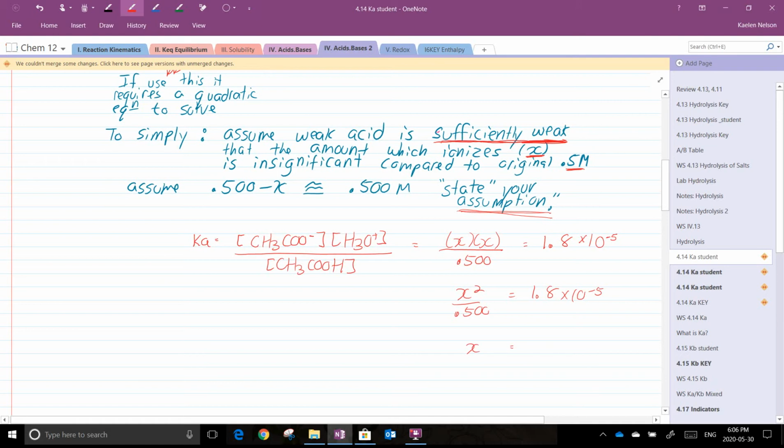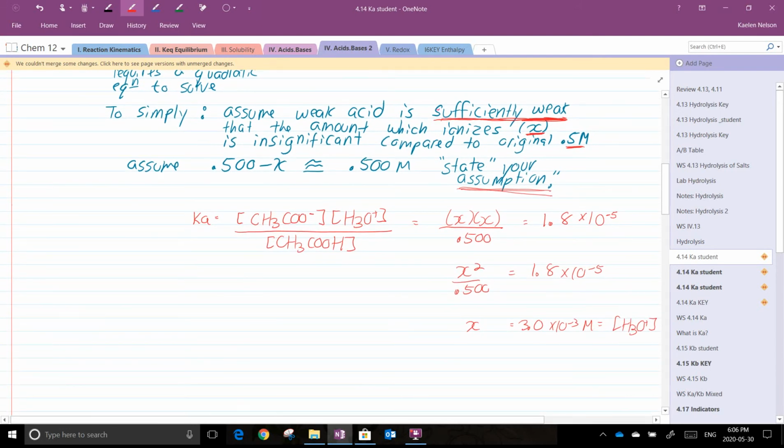In the end, x should be equal to 3.0 times 10 to the minus 3 molar, and that will be our concentration of H3O+. Now this question wanted pH, so we have to do our next step, which would be pH equals negative log H3O+.